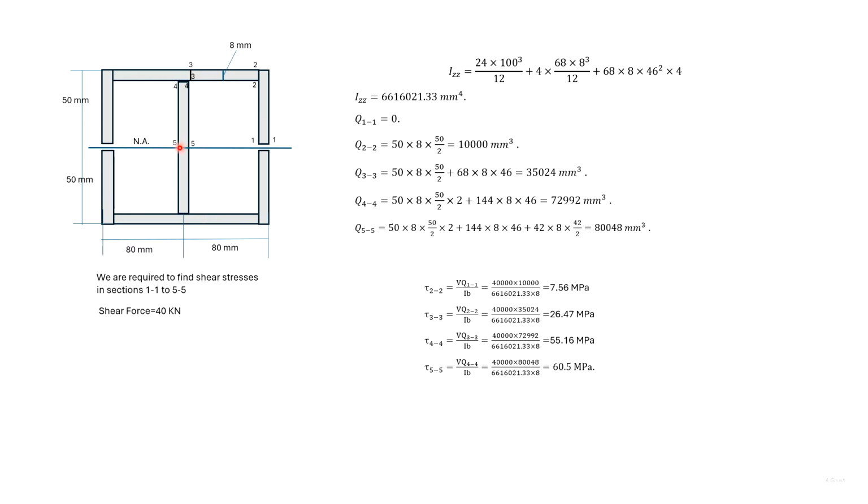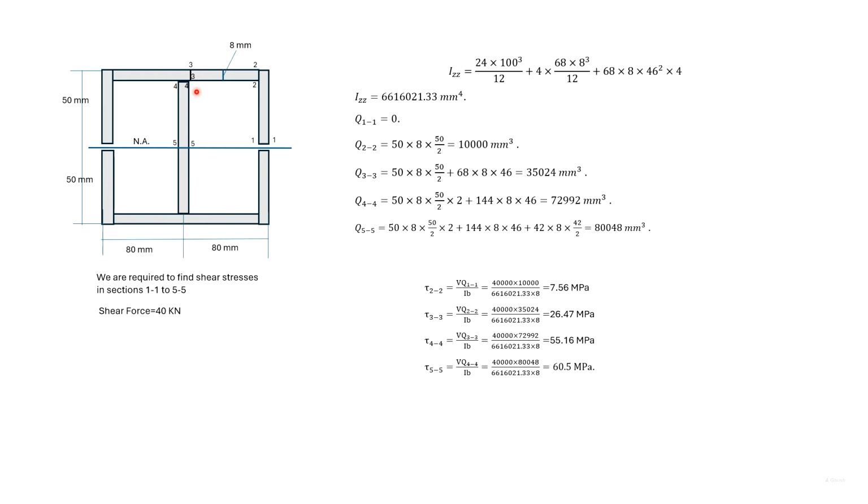To find stress at section 5-5, we need to take the whole cross section. So we need to take all these portions. So we consider Q of these two vertical portions, this horizontal portion, and the portion between 4-4 and 5-5.